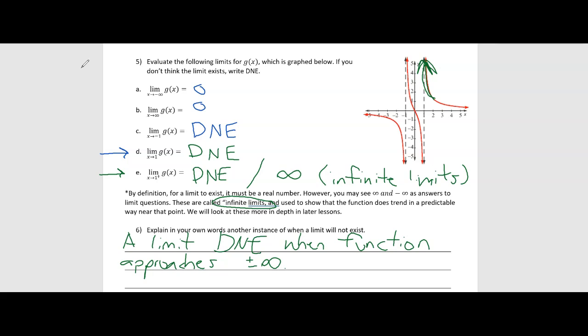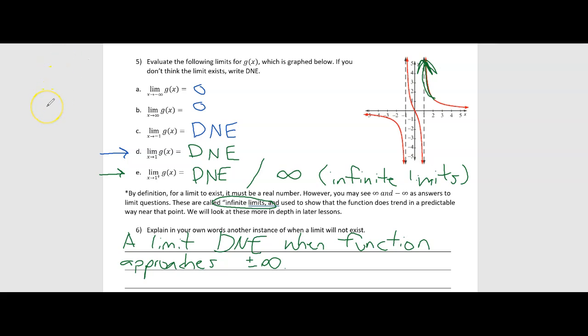So if it approaches positive infinity, that's not a real number, it's an idea, so technically the limit does not exist. Again, however, when we do talk about infinite limits, you will be able to write positive or negative infinity. Okay, both would be acceptable in this case, DNE or positive infinity for part E.